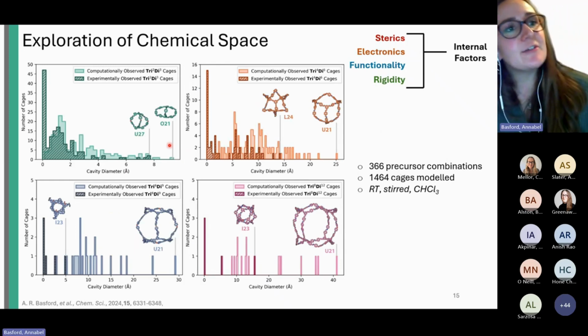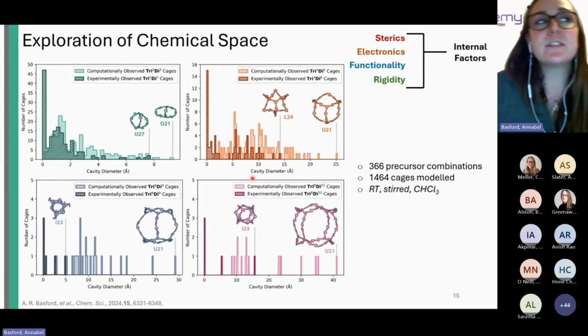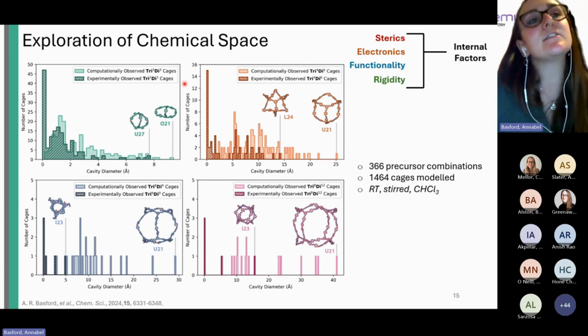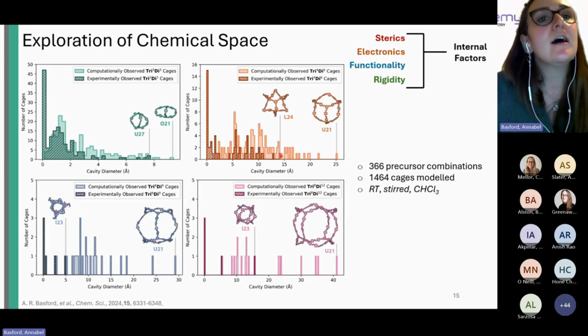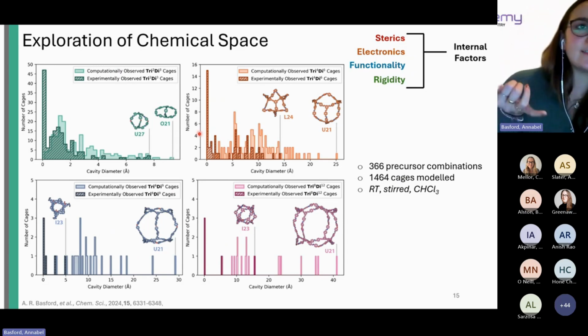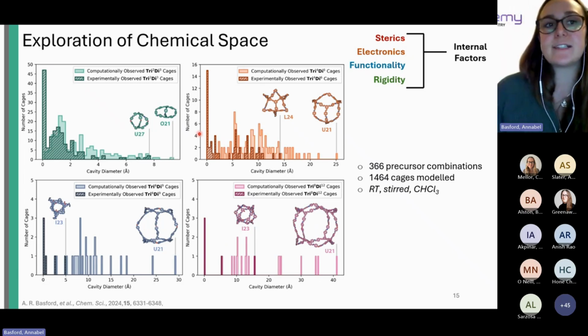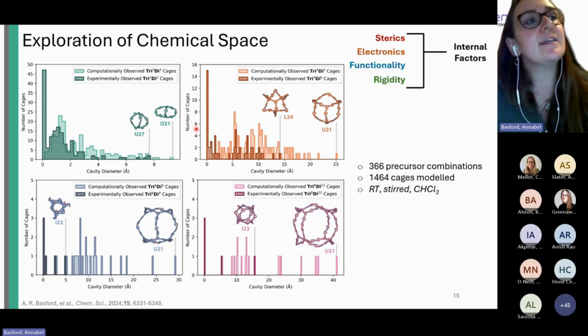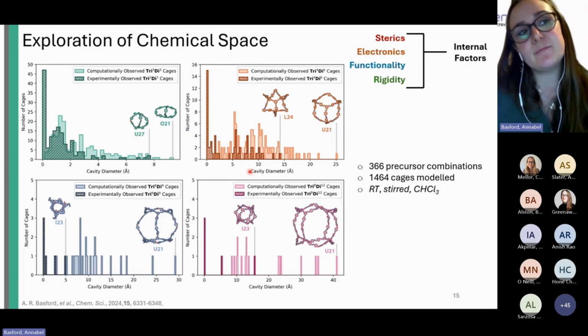What we also wanted to do is link our computational and experimental results together. So in these histograms, we can see the 4 most common cage topologies that we modeled. And we wanted to look at the computationally observed ones. So these are shape persistent, so they have the internal cavity and the correct number of accessible windows. And overlaid for each topology in the hatched boxes of the histogram are the ones we experimentally observed.